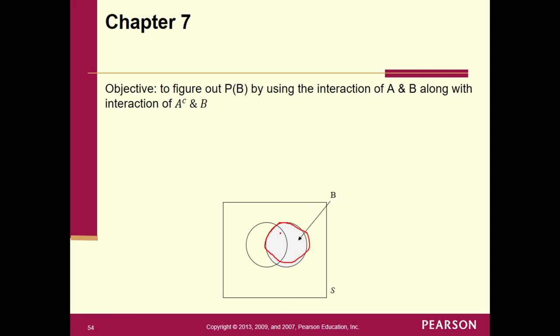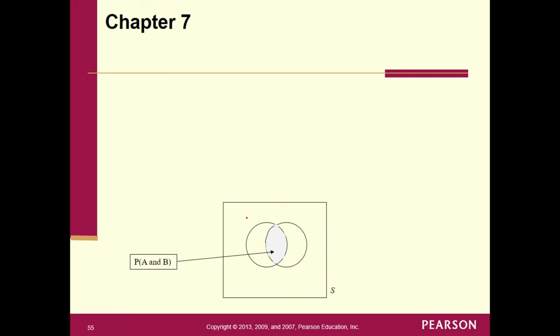And what did we know about this right here? We knew that that is the intersection of A and B. So we have part of the circle here. Here's the total circle that we're trying to figure out, and here's the part of it that we just figured out, A and B. So what we're left with is this part right here that we still have. And if we could combine that with the intersection of A and B, we can figure out B. Well, what exactly is that?